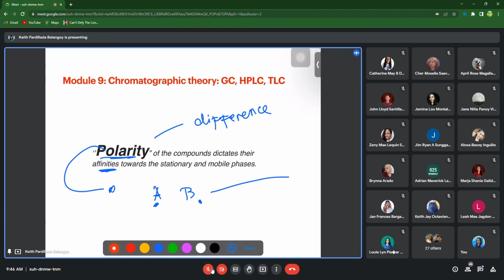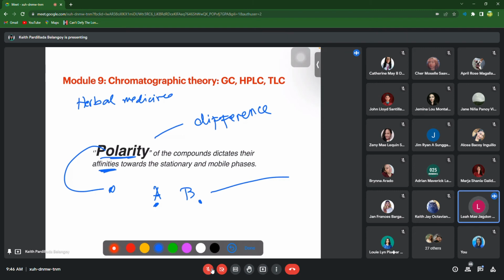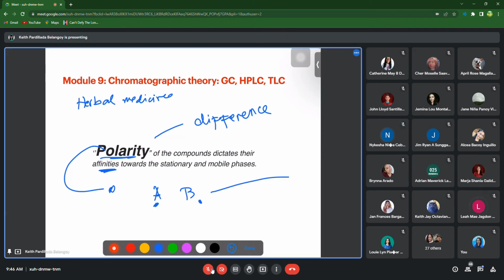Okay. So, are you familiar with herbal medicines, no? Are you familiar with your MX3 maybe, your NANS, Yaki? Yes, ma'am. Herbal medicine. Okay, so for the herbal medicines class, this is just a trivia or FYI: when they created their herbal medicine, they were dependent on the polarity of their herbal.